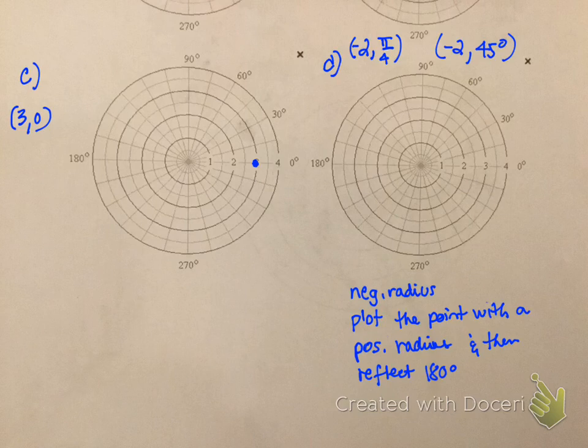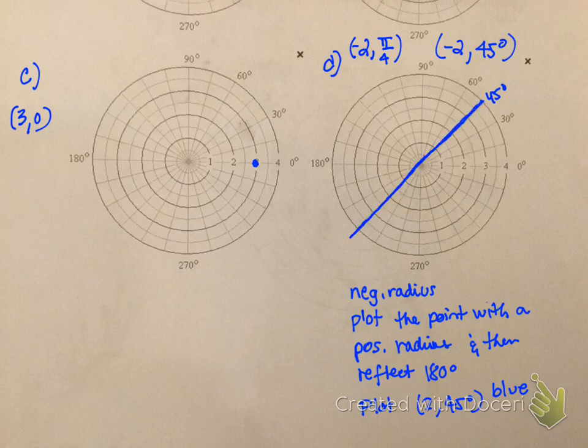So what I'm going to do is plot, in this example, 2 comma 45 degrees. Okay, so I'm going to do this in blue. I find 45 degrees, which is on this line here, and I'm going to extend it down because I'm going to have to reflect it 180 degrees. So that's this line right here.